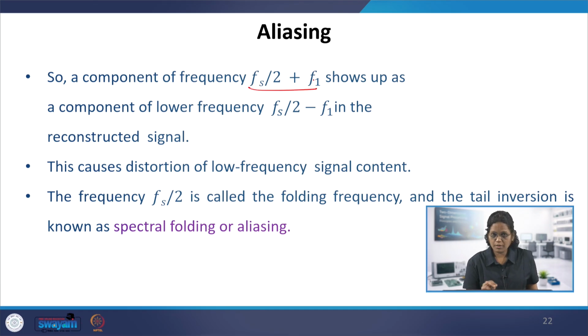So Fs by 2 plus F1 is showing up as Fs by 2 minus F1, where F1 is the tail portion we are talking about here. This causes distortion in the low frequency signal content. Actually the band has some frequencies, and because of this F1 showing up as minus F1, the low frequency content has the distortion.